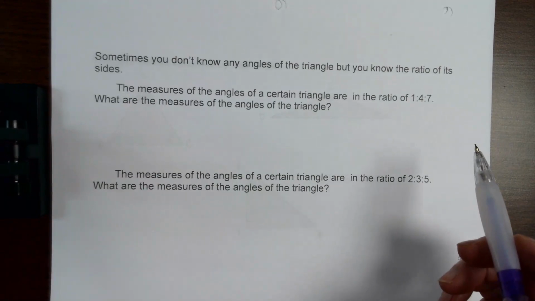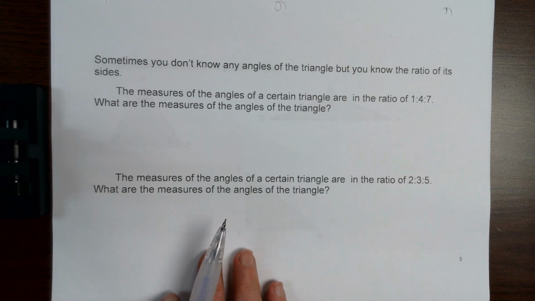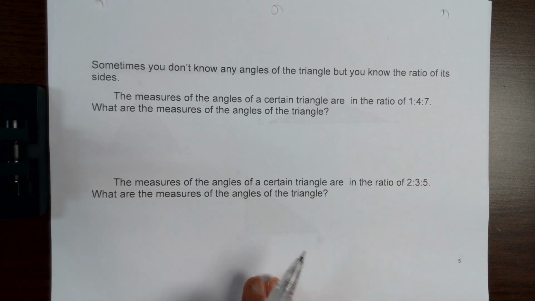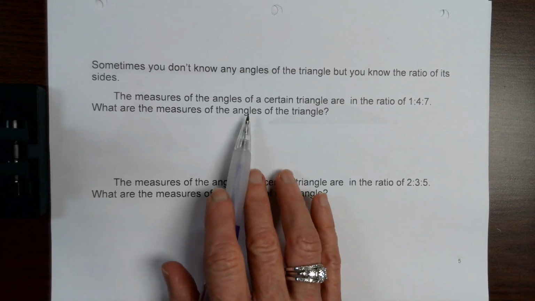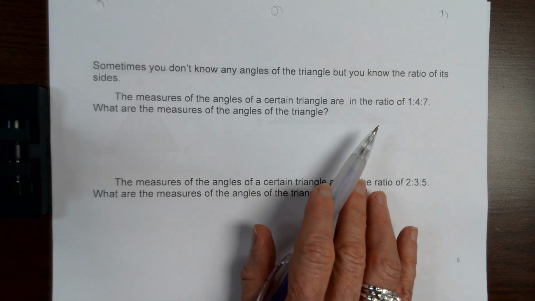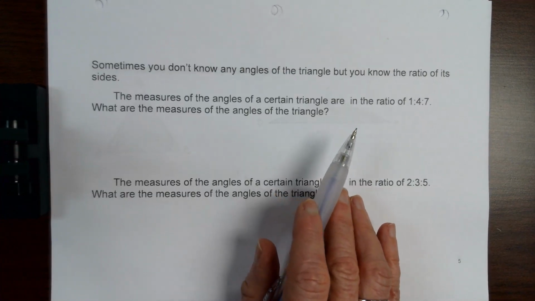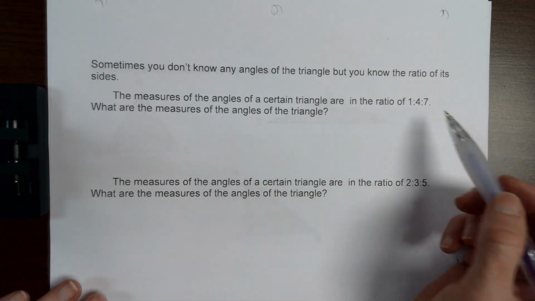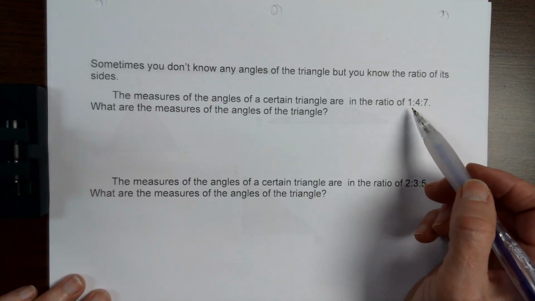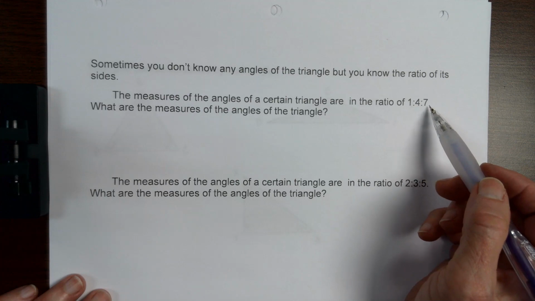Sometimes you don't know any of the angles on the triangle, but you know the ratio of the angles. Like for instance, the measures of the angles of a certain triangle are in the ratio of 1, 4, 7. What are the measures of the angles of the triangle? Well, if the angles have to add up to 180, obviously the actual measurements are not 1, 4, and 7.